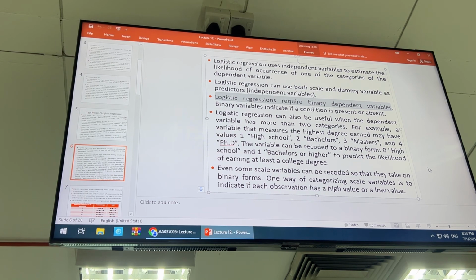So you can convert that income variable to a dummy variable by splitting the values into two. If the value is greater than a certain value, it is in one group, and if less than that particular value, it is in another group. So only two categories, two groups.